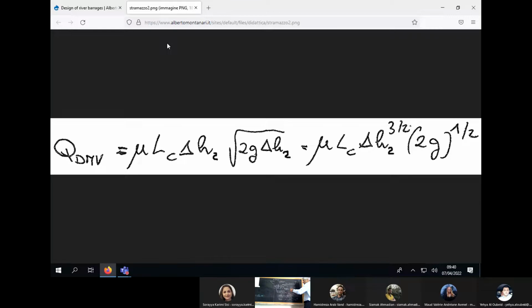Now, the water level raises, so I have two effects. One, I start withdrawing water, which is fine. The second one is that my environmental flow is increasing. Good. At a certain point, I get to a water level where the withdrawal is equivalent to QP.